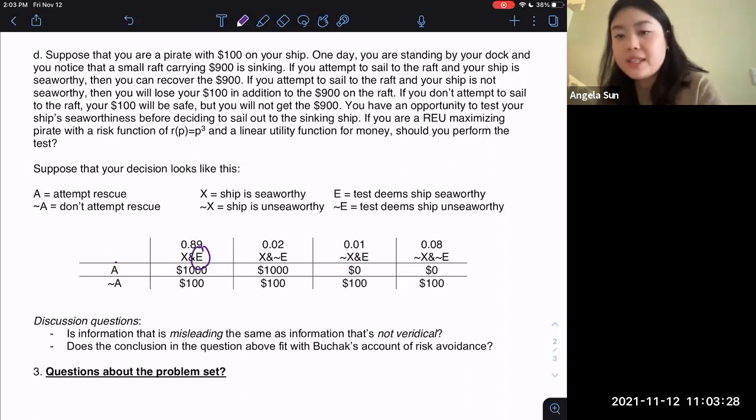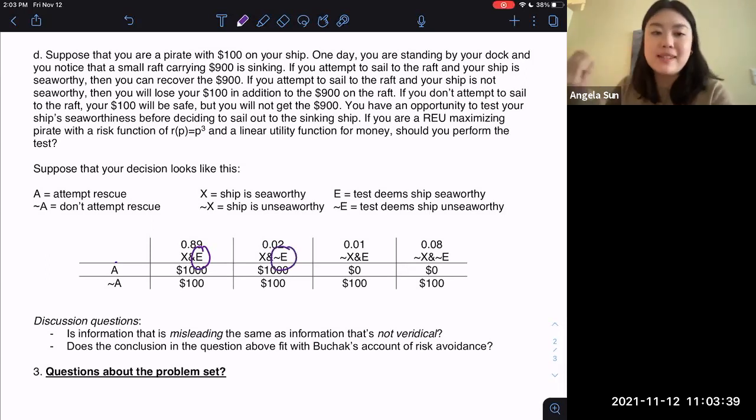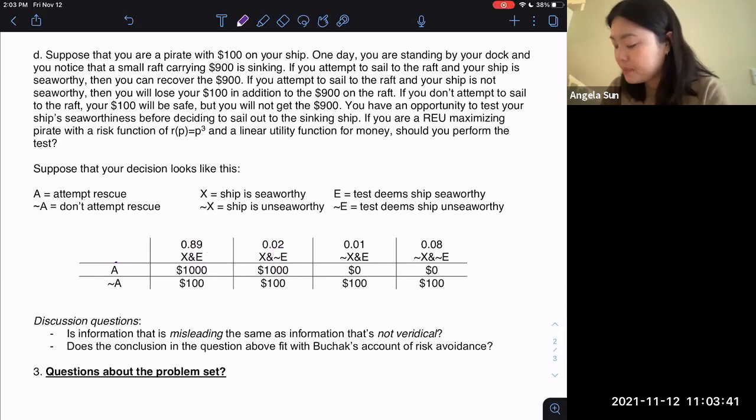E is the result of the experiment. So E means that the experiment tells us that the ship is seaworthy, whereas not E means that the experiment tells us that the ship is not seaworthy.